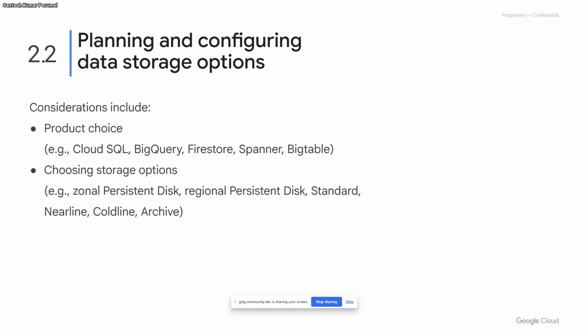And yeah, so options depend again on different types, like whether you need global or zonal or regional, and a couple of other concepts are there, like what kind of storage class you need, and how long you need to store data in your storage.